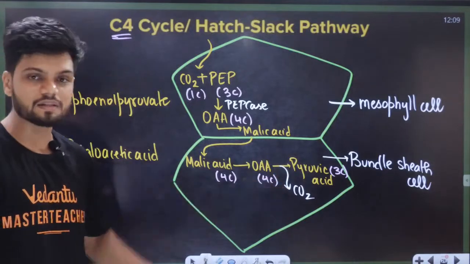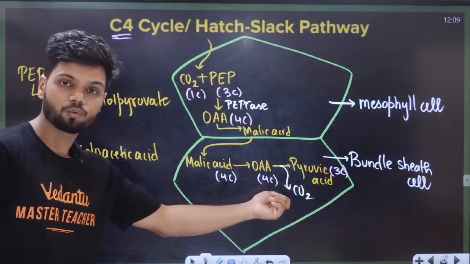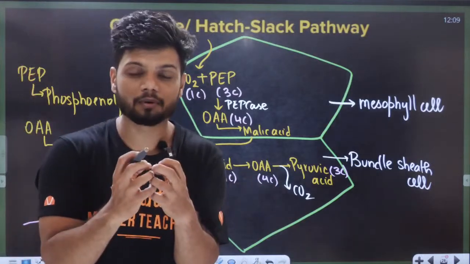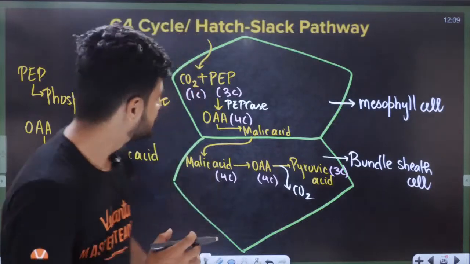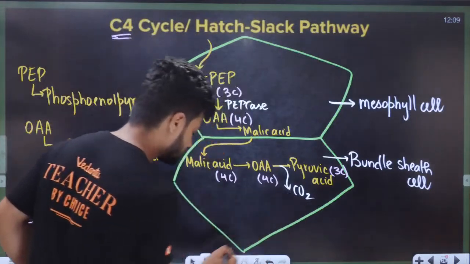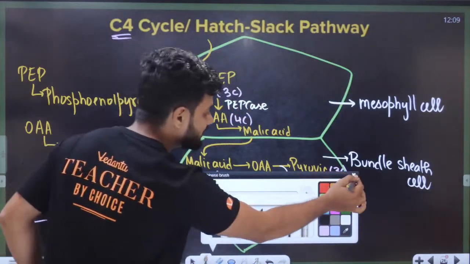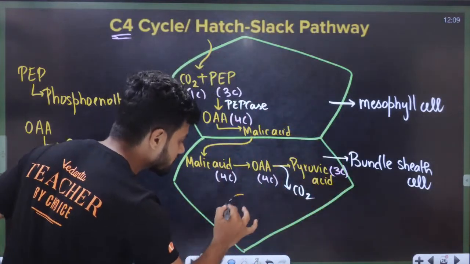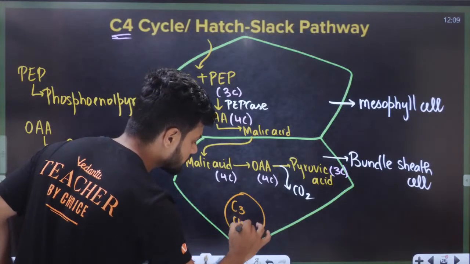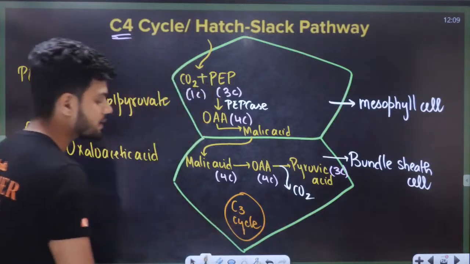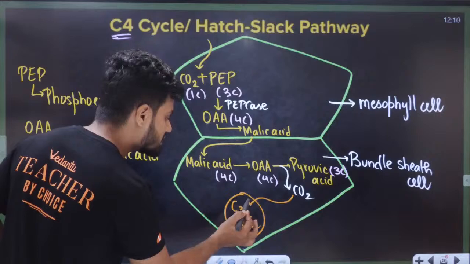Now, what is the fate of this 1 CO2, students? Who is picking up this 1 CO2? This 1 CO2 is picked up by RuBP again, inside the bundle sheath. Inside the bundle sheath, there is a C3 cycle going on. So this CO2 will enter the C3 cycle.